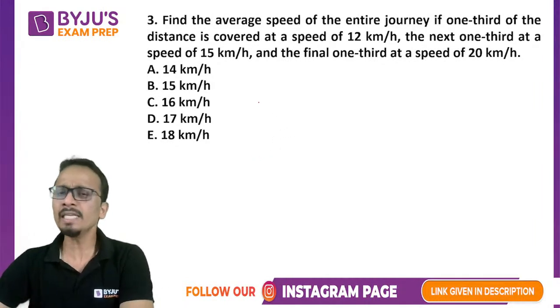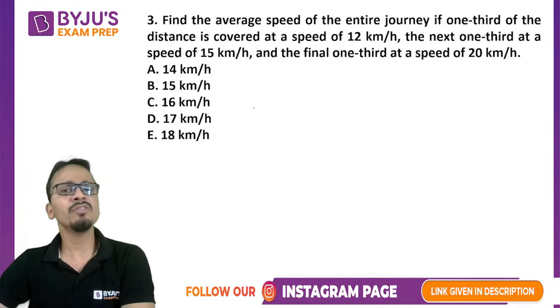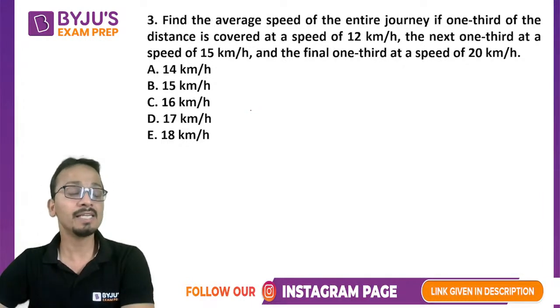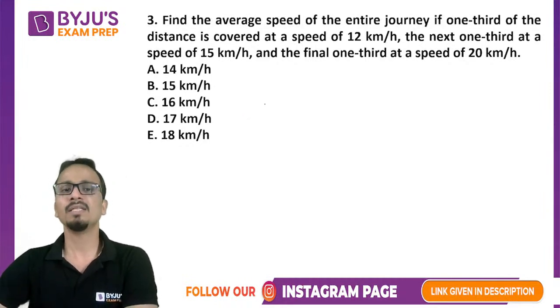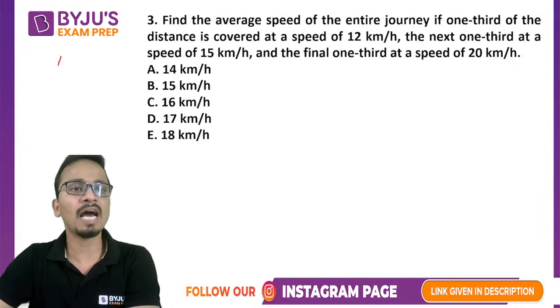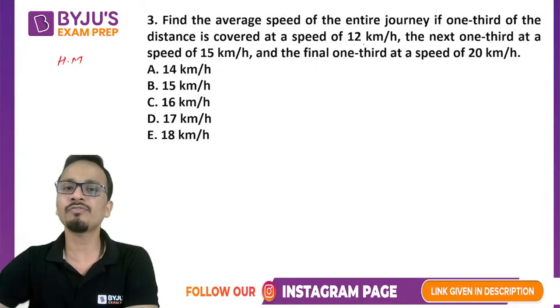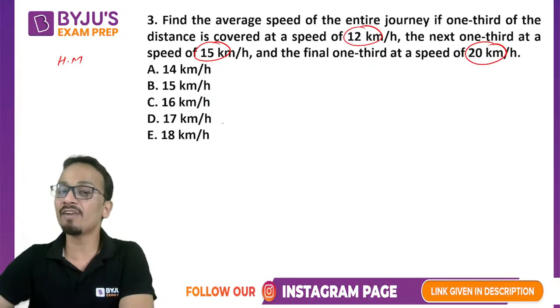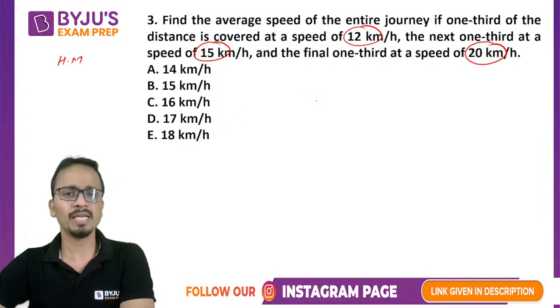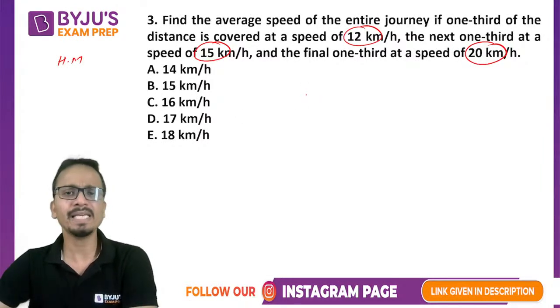In case the entire journey is divided in equal distances, if the distance traveled is equal, then the average speed is given by the harmonic mean of the speeds. Here the person is traveling at 3 different speeds but for equal distances. Let's say these speeds are a, b, and c.